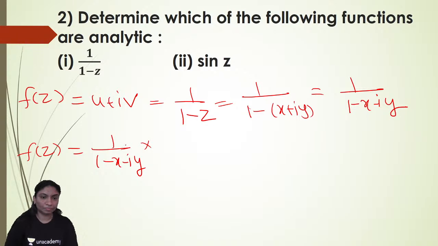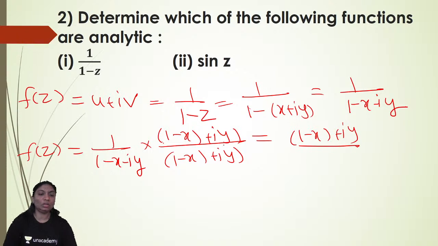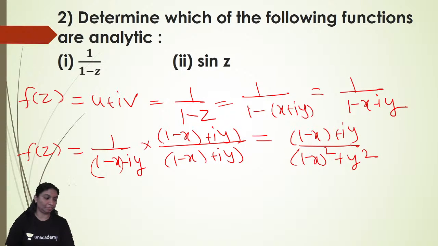Rationalizing it, we multiply by (1 minus x plus iy) upon (1 minus x plus iy). So the numerator is 1 minus x plus iy, and the denominator is (a minus b) into (a plus b), which becomes a square minus b square. So you will get (1 minus x) whole square plus y square.